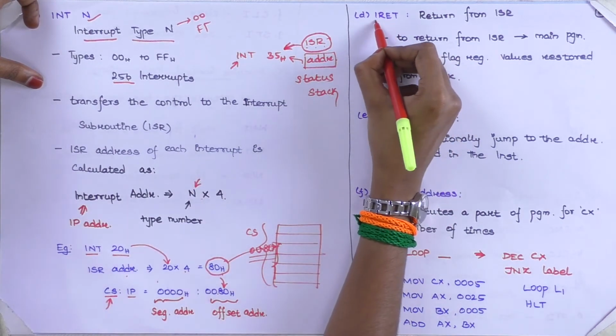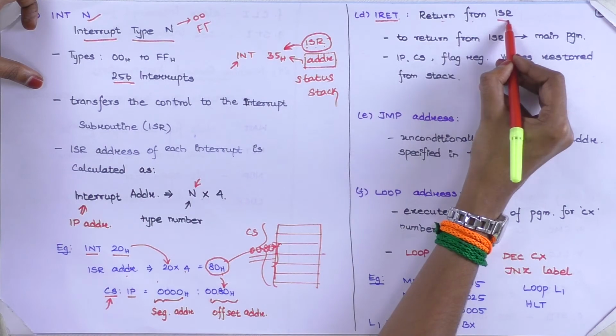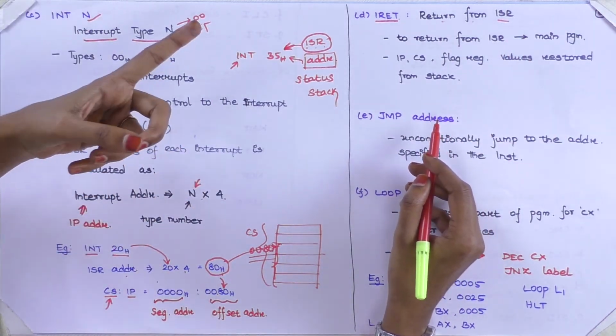So the next instruction is IRET. This is written in the ISR. The instruction that we discussed before is RET. It is used just when we use a call instruction, or if you want to execute a subroutine program, that's all. So this IRET is used when you are jumping to an ISR, interrupt subroutine.